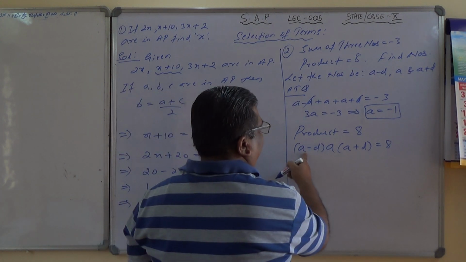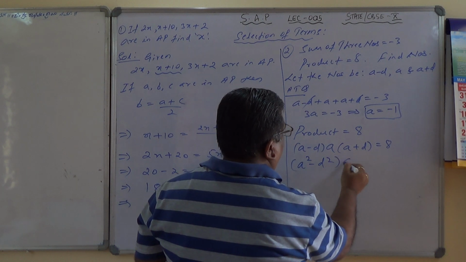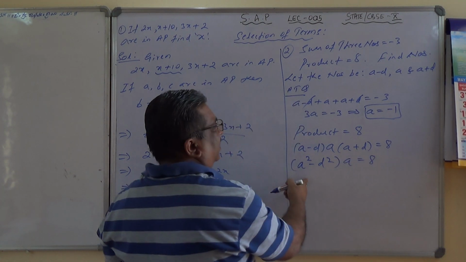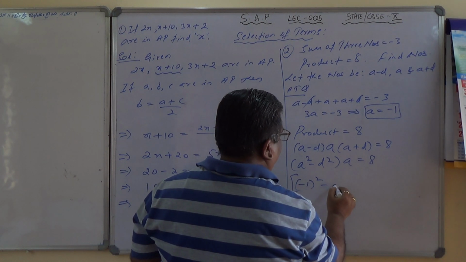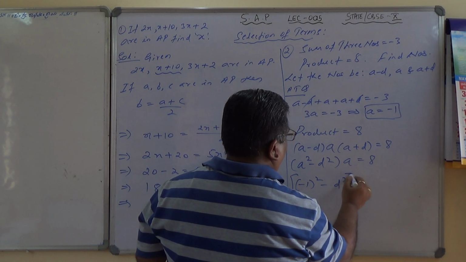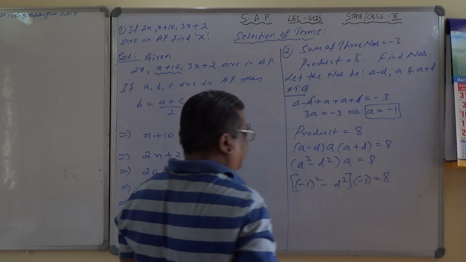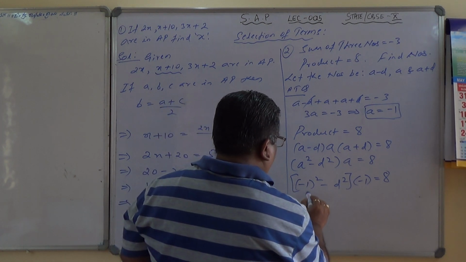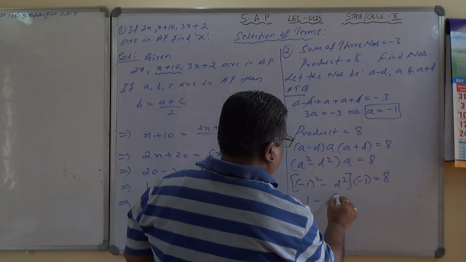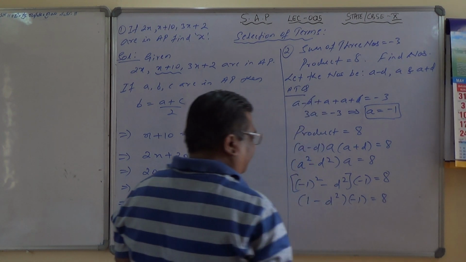First of all, a minus d into a plus d into a equals 8. What is a? Minus 1. So minus 1, the whole square, minus d square, into a, which is minus 1, equals 8. So here, 1 minus d square into minus 1 equals 8.